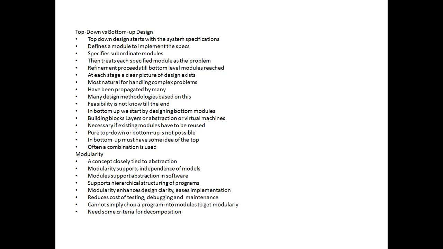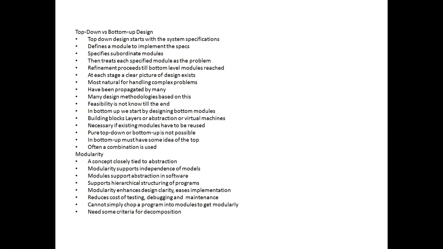When do you call a system modular? A system is considered modular if it consists of discrete components so that each component can be implemented separately and a change in one component has minimal impact on the other components. Then only you call that a modular system.